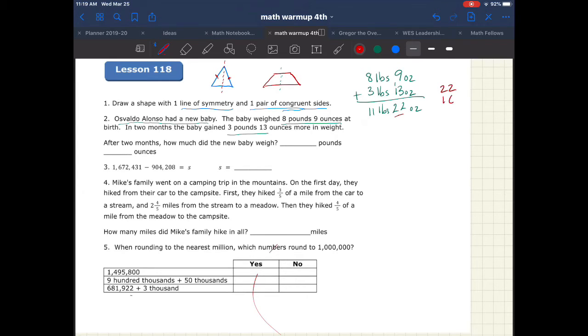So if we take our 22, take out 1 pound, which is 16 ounces, we have 6 left over. So 22 ounces is equal to 1 pound and 6 ounces. So we can add that 1 pound to the 11 pounds, and now we have 12 pounds and 6 ounces. Okay, number 3.